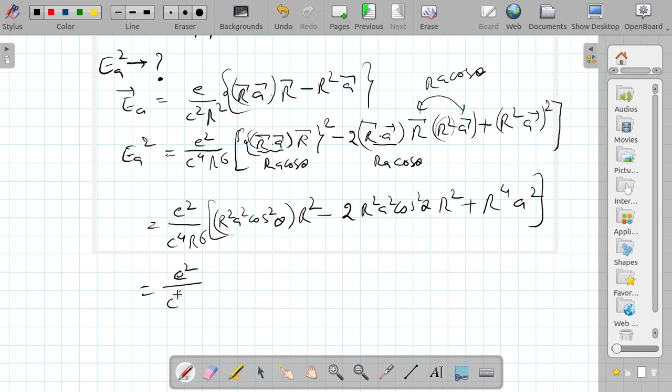Taking R square outside, what is it? It is RA cos theta, cos square theta minus 2R square A square cos square theta plus R square A square.